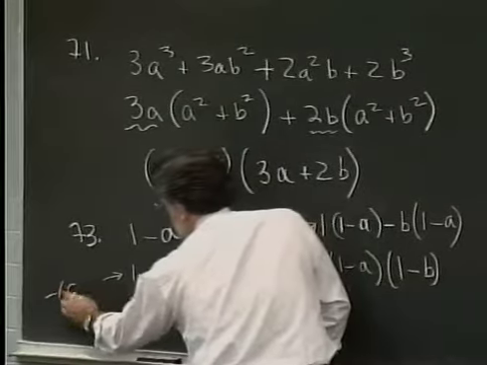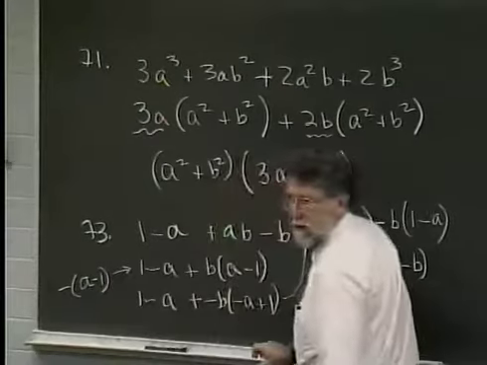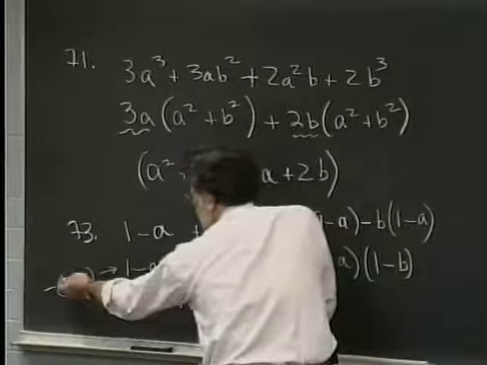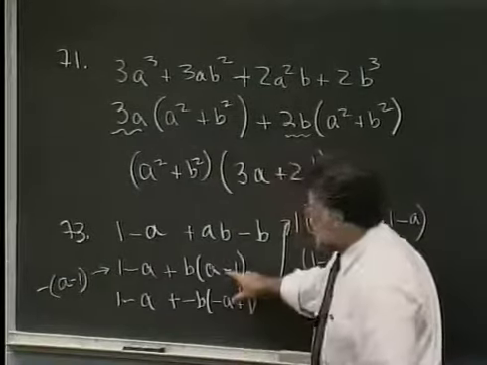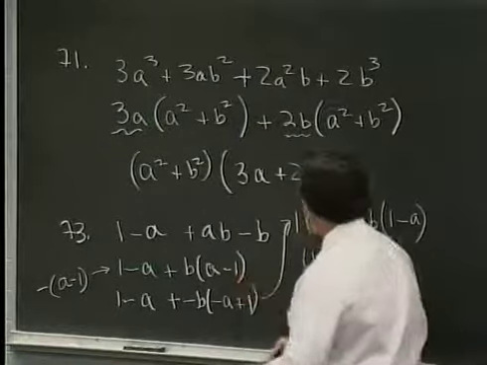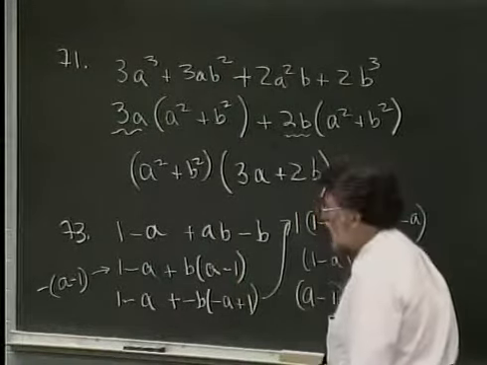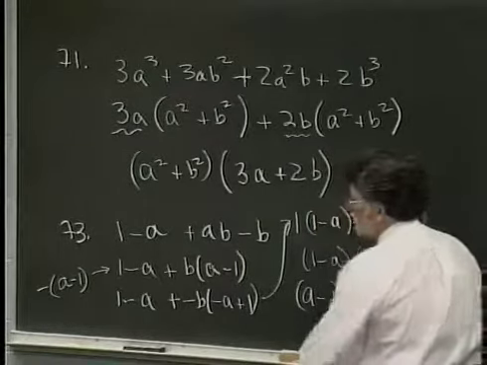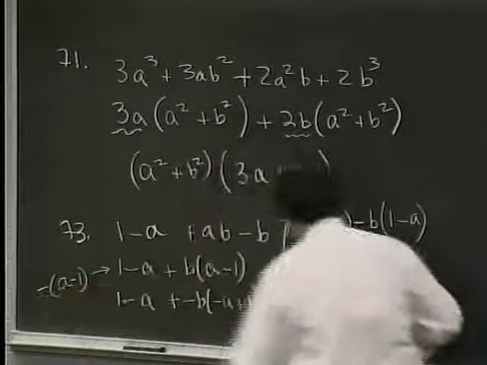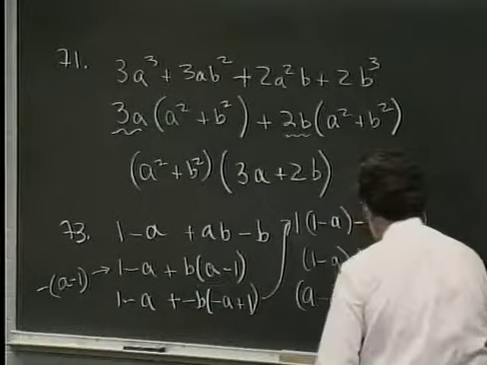A minus 1. Agreed? So if I treat this as minus the a minus 1, now the a minus 1 is common to everything. So I would have at this point a minus 1 times what? Well, the minus 1's understood here in front, so I'd have a minus 1 plus b.